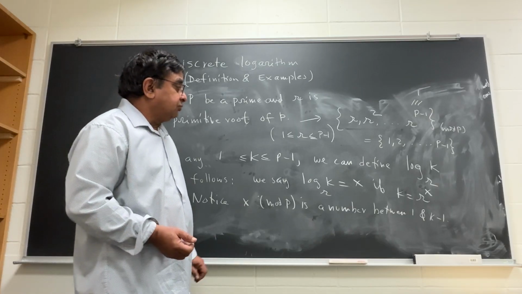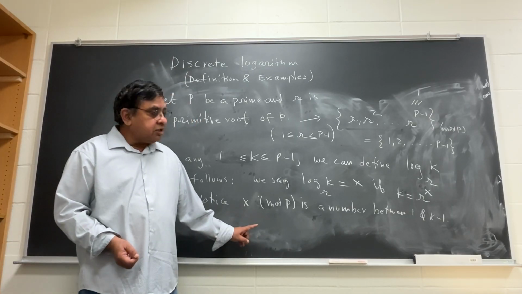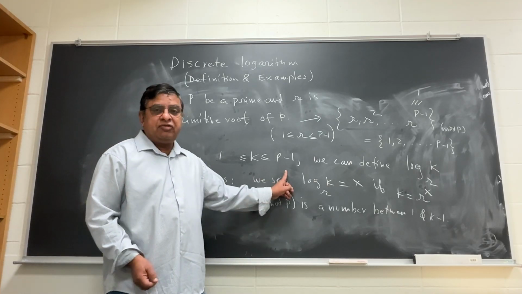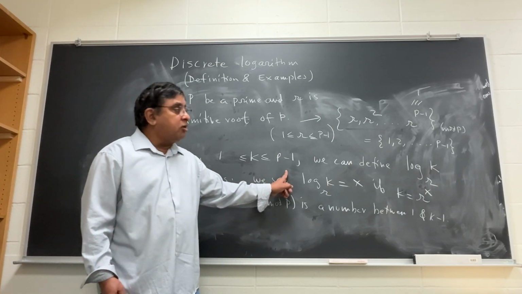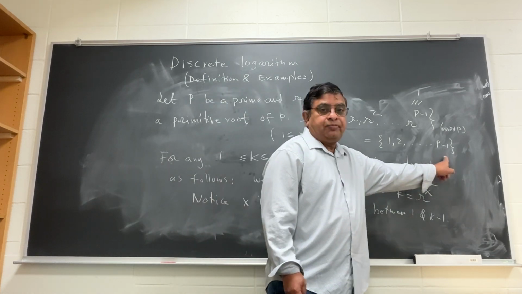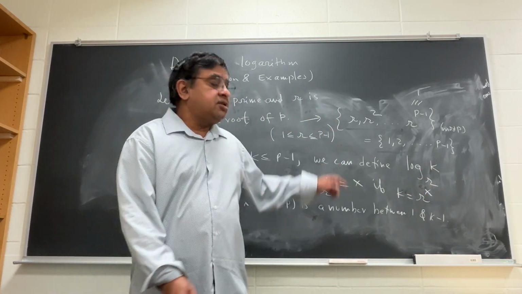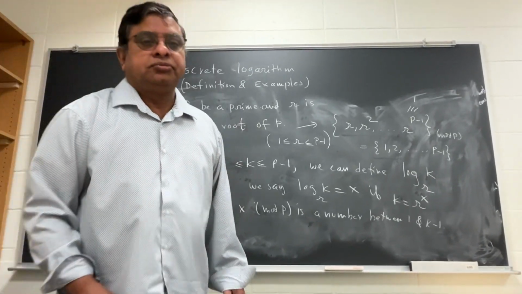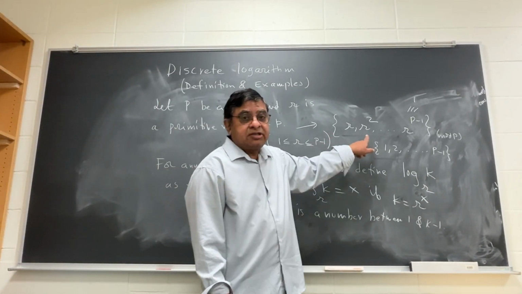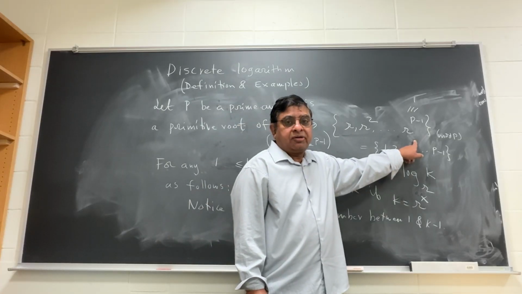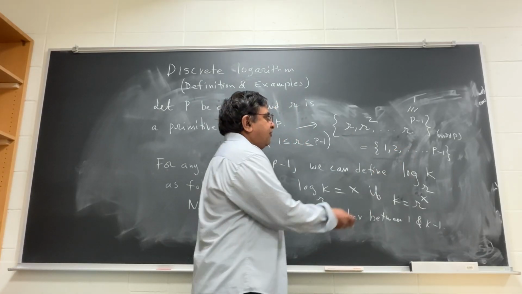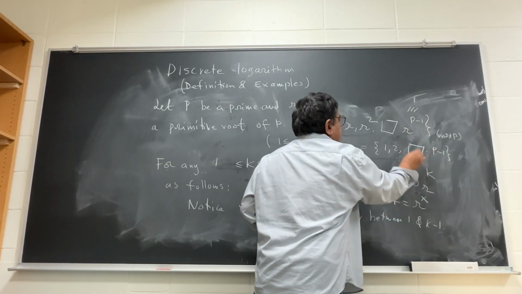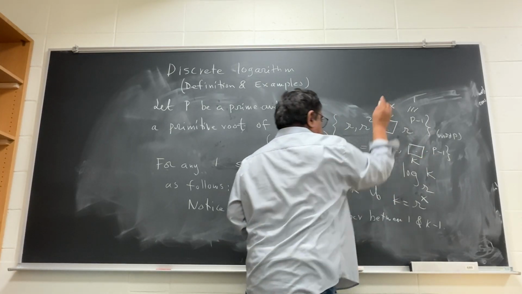Now, the concept is easy to understand. How do I find this x? Because k is in the set 1 through P minus 1, and that's also the same as the powers of R. So really you're looking for, there's a k here, and there is R to the power of x here.